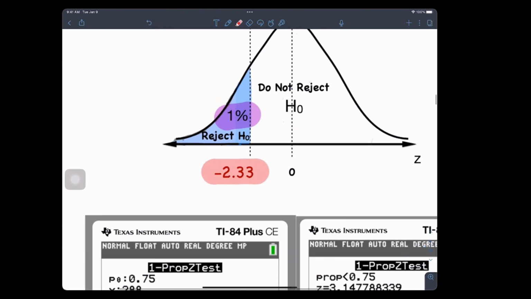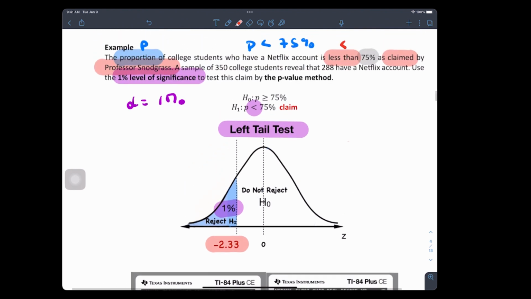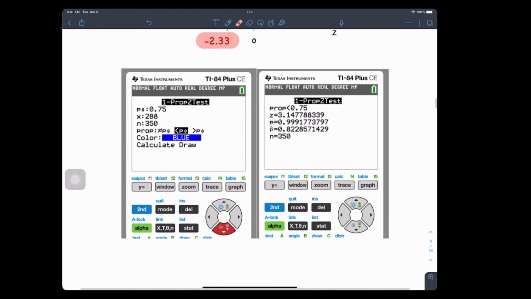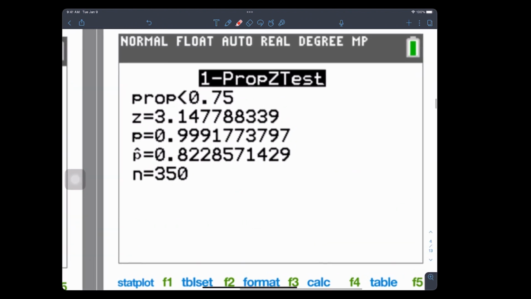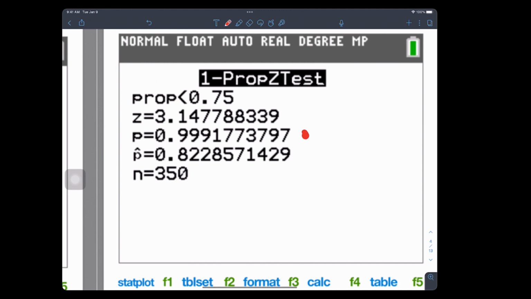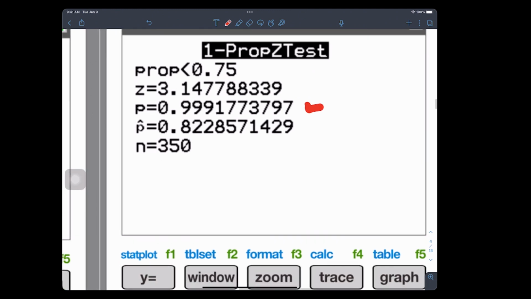So we did this last time, ladies and gentlemen. Okay, it's in our notes. We did the traditional method. We're doing the modern method today. We're looking for what? The p-value. You say, what's my p-value, ladies and gentlemen? Oh my God, what is this p-value?